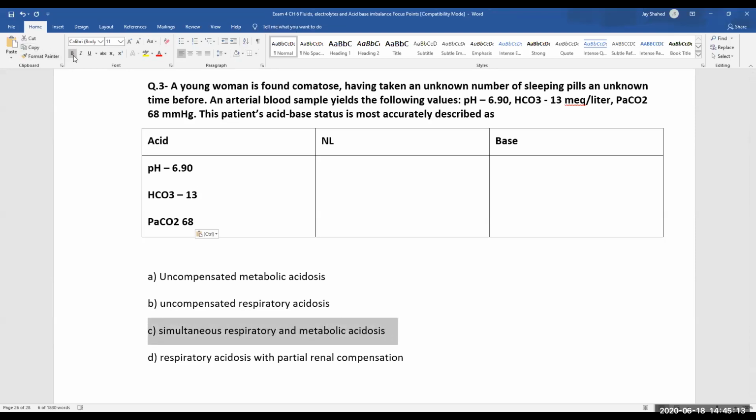This is death. When you are close to death, this happens. It doesn't happen all the time, of course. This is when your kidney shuts down and your breathing shuts down, you end up having this. No one is compensating.